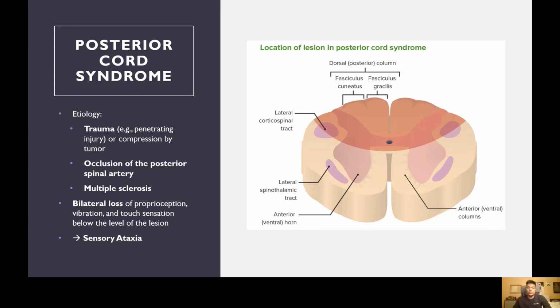In this patient, you can probably see poor balance, that he's falling over and he's not walking properly. So from this picture, you can see that the posterior cord syndrome is affecting the dorsal column tract bilaterally, and that's why we can see a bilateral loss of sensation.